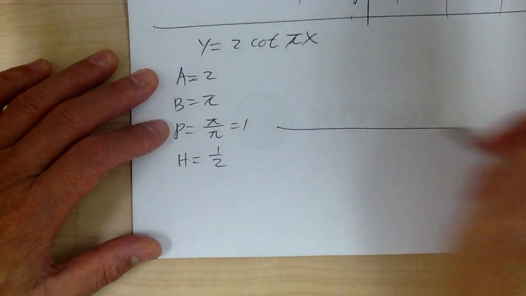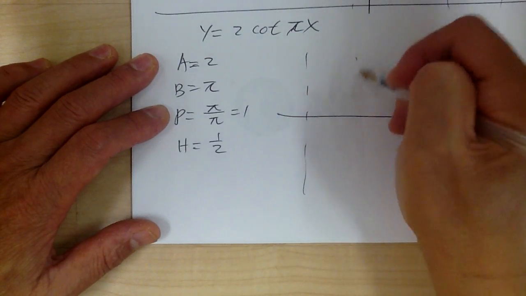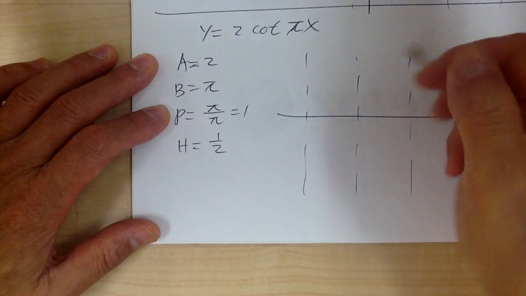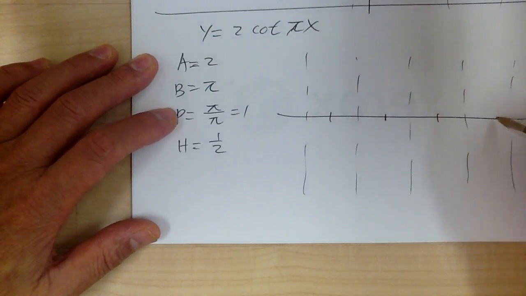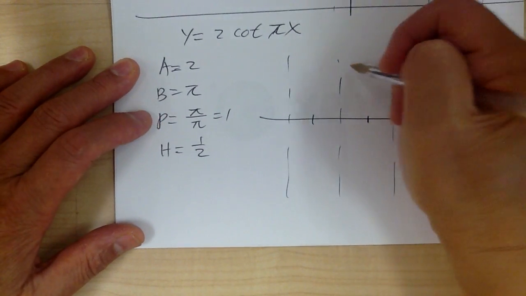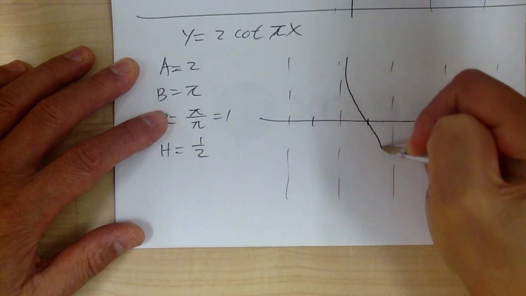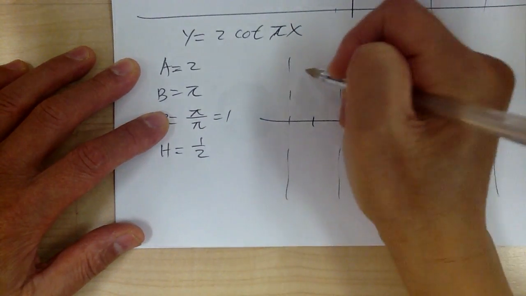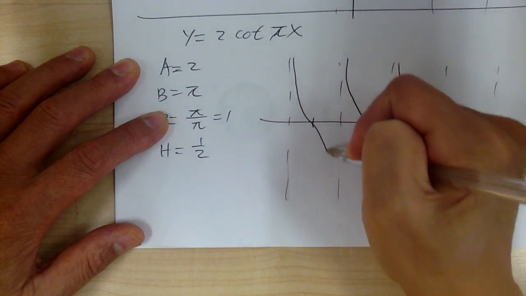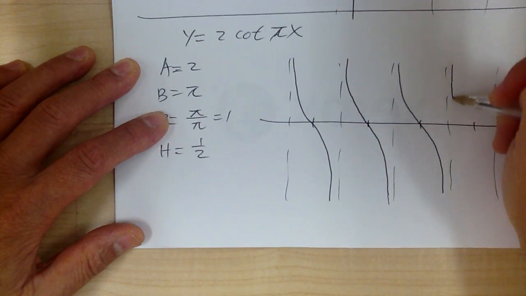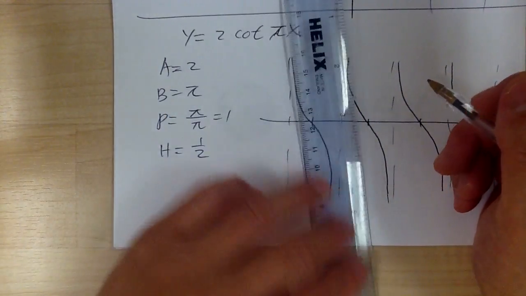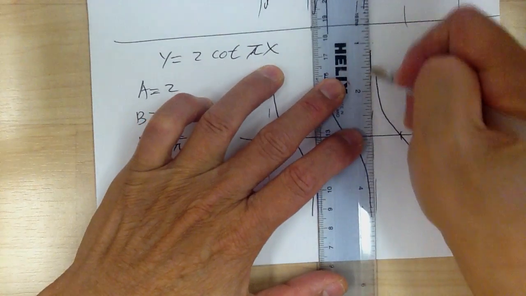Okay, so your graph, again, this is your graph paper. The cotangent is going to go this way. It's going to go this way. And the axis goes through right over here.